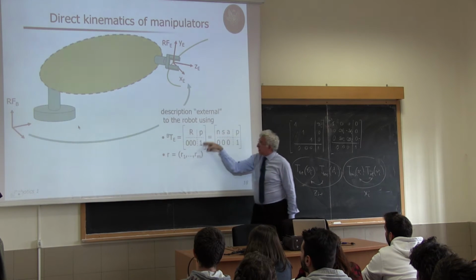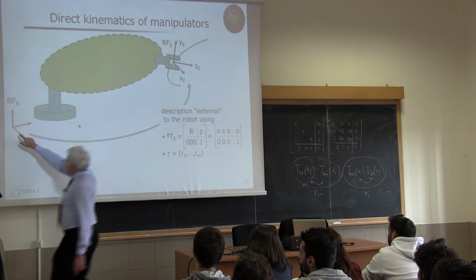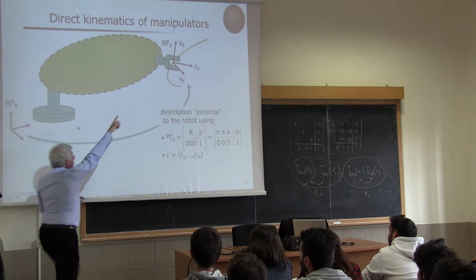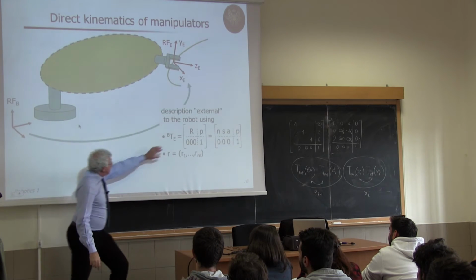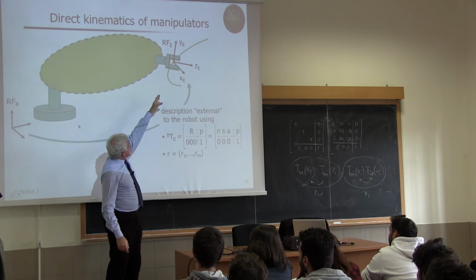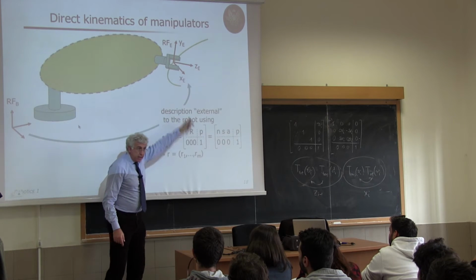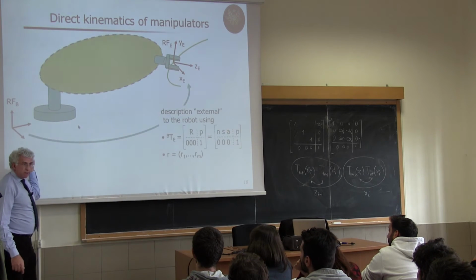In particular, its inner structure is a rotation matrix and a position vector. This position vector goes from the origin of B to the origin of E, and the rotation matrix contains in its columns the direction cosines of the x-axis, the y-axis, and the z-axis of frame E when expressed in frame 0.